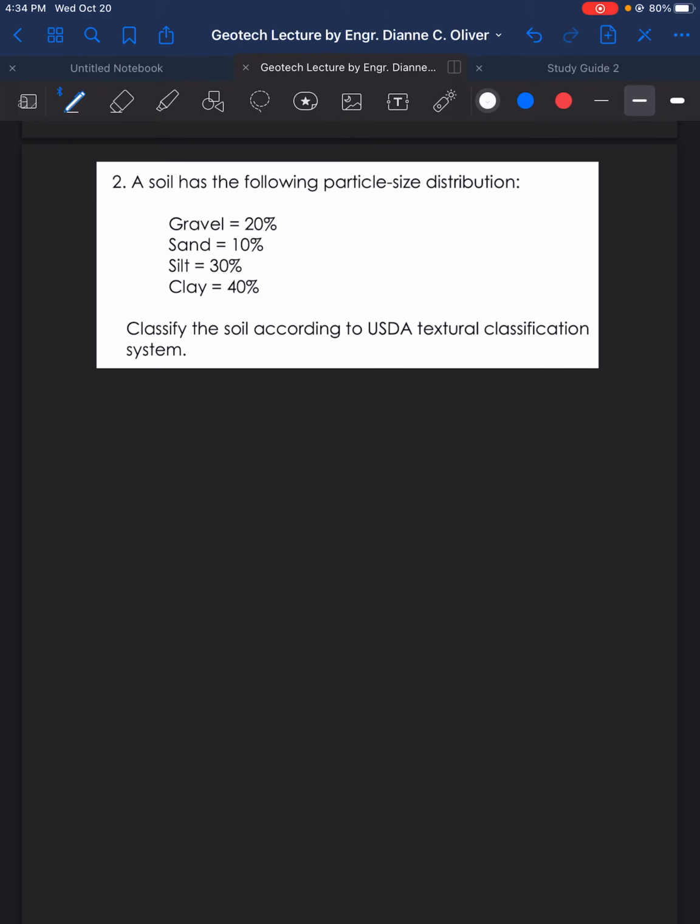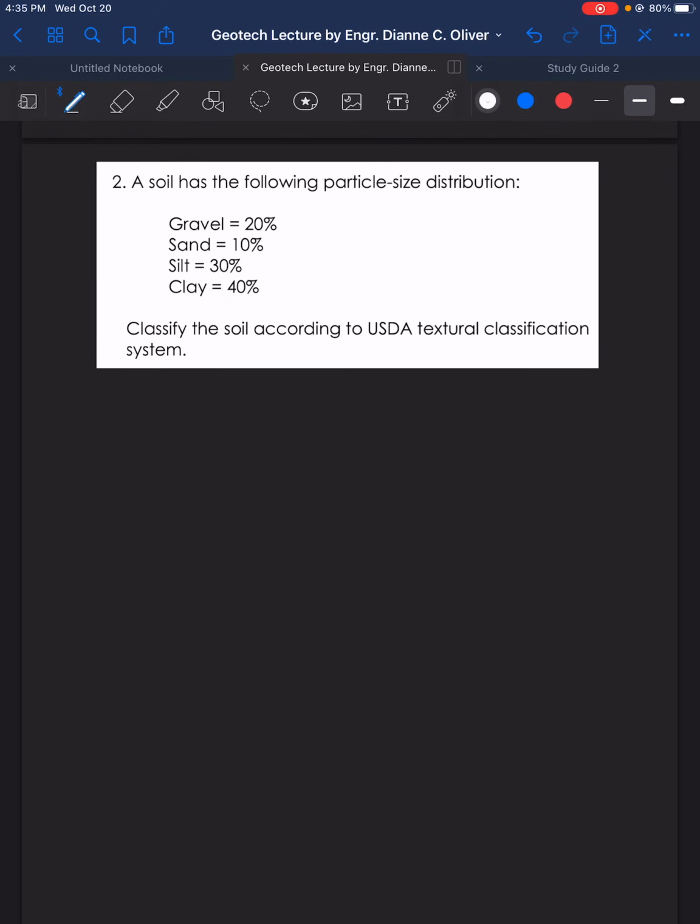That's going to be easy if we have only 3. But the problem here is it has gravel in it. Remember the triangle system a while ago? It has the clay, silt, and sand. There's no mention of gravel. So how do we solve this with the gravel in it?